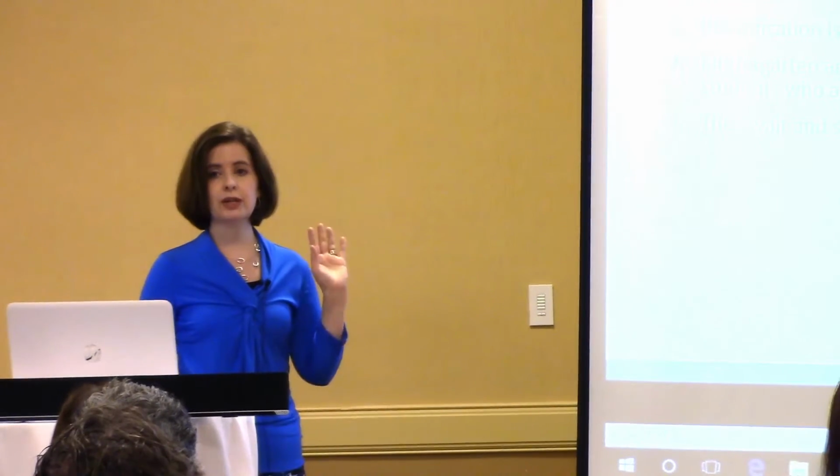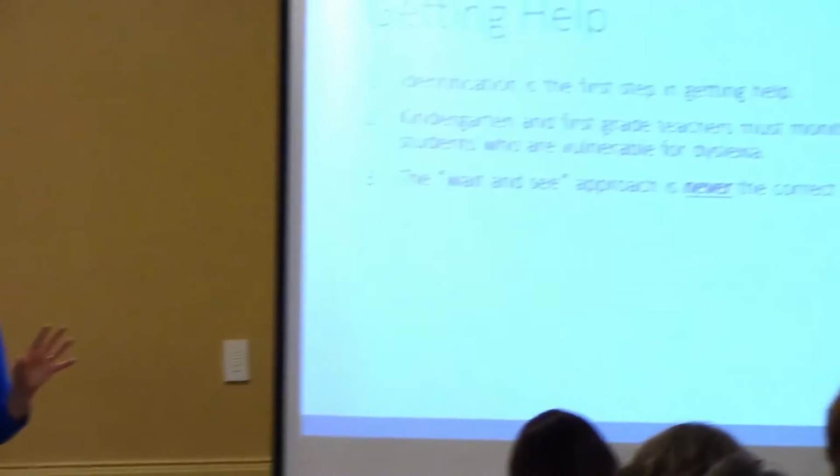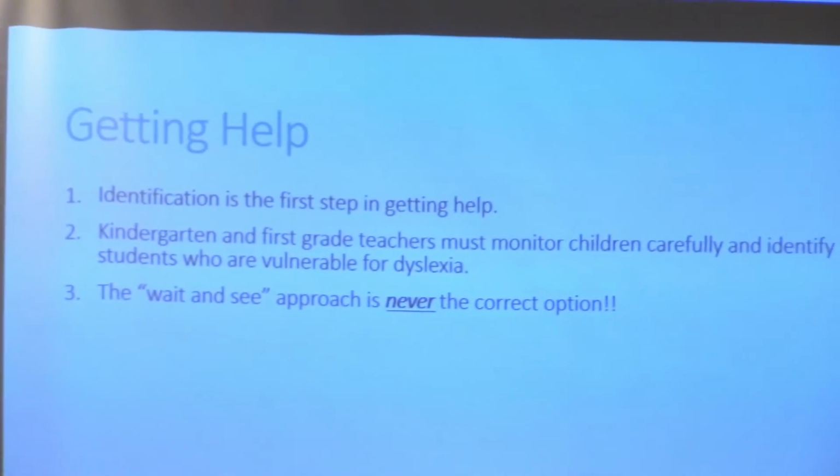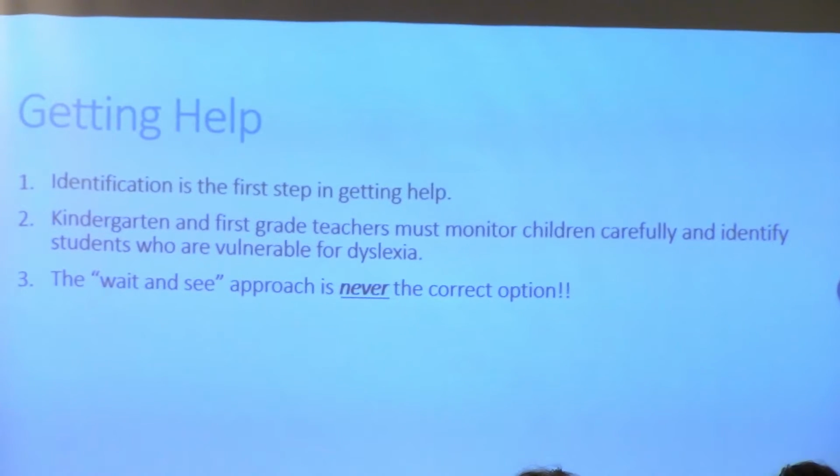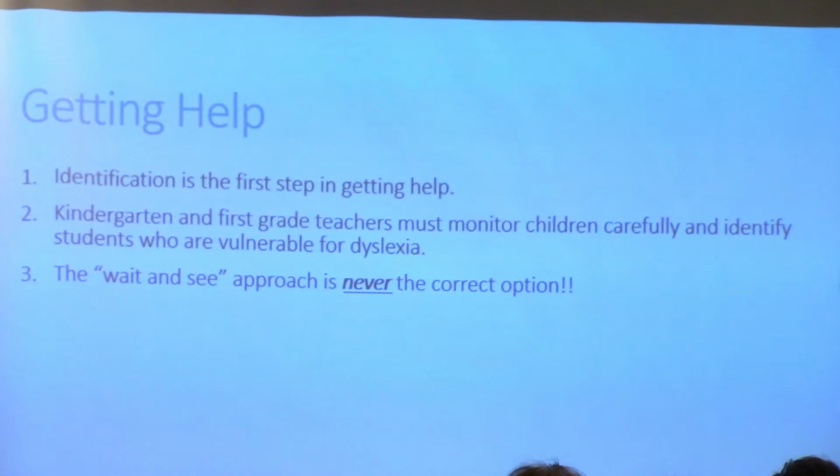Identification is the first strategy, the first way to help them. So back to our sea of strength models. We have to identify. It falls on our shoulders to identify students who are struggling. Kindergarten and first grade teachers, you have to monitor this very, very carefully. You want to identify students who are vulnerable with dyslexia.